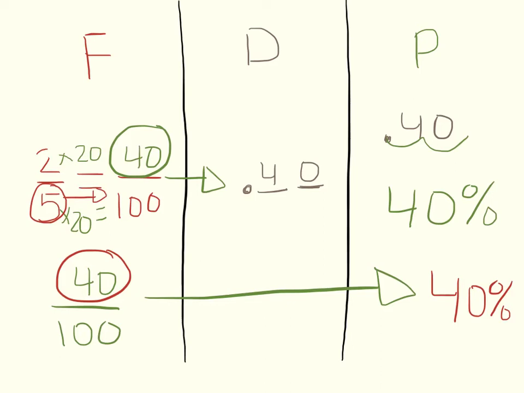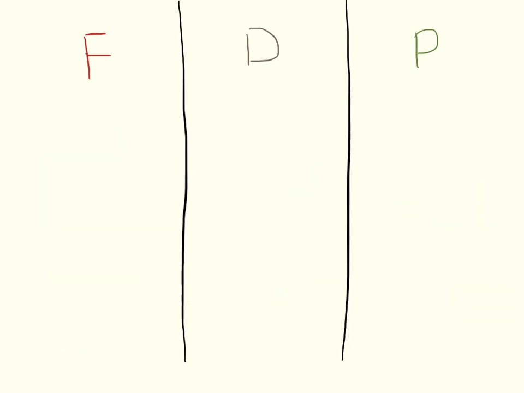And we can do another example. I'll start us with 1/4. Once again, 4 goes into 100, so I can make an equivalent fraction over 100. 4 times 25 is equal to 100.